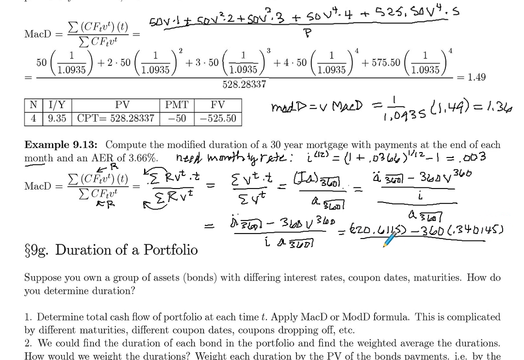And then downstairs we've got our 0.003. And then a angle 360 to several decimal places is 219.9516611.